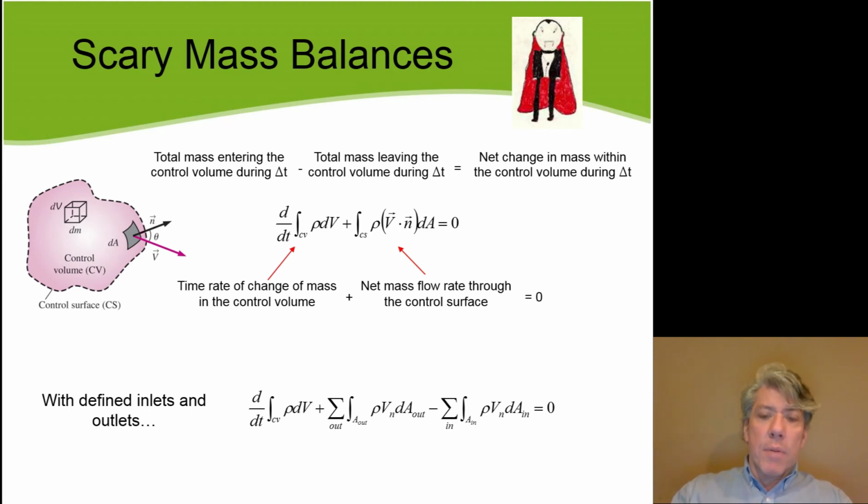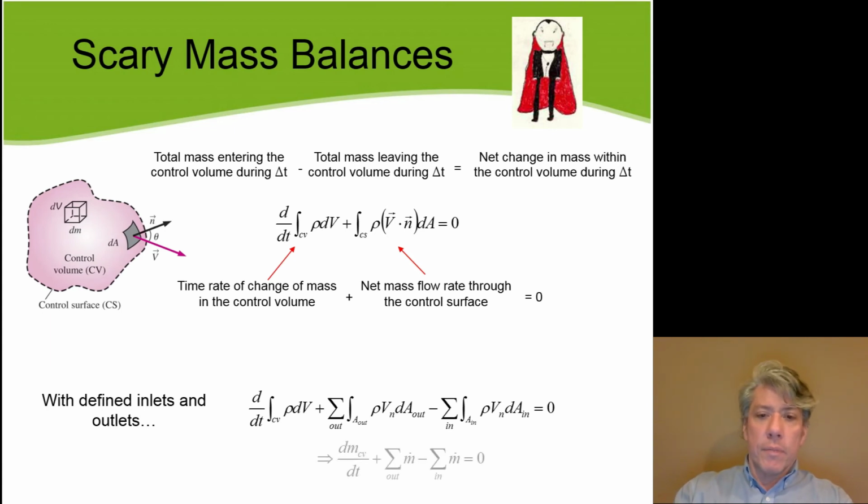We don't need the dot product anymore because we're assuming that the normal and the velocity will at least be parallel. In the case where mass is flowing in, the surface normal points in the opposite direction to the velocity vector, and so you get a negative sign from the dot product, whereas when mass is flowing out, the surface normal of that control surface points in the same direction as the velocity, and so you get a positive sign.